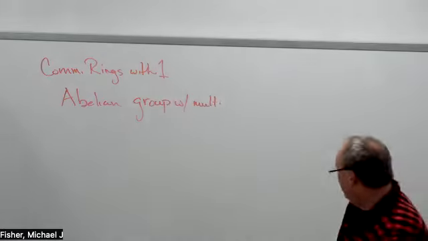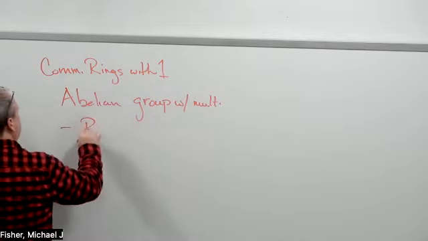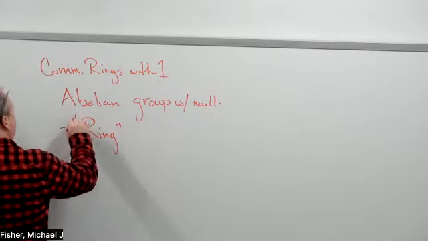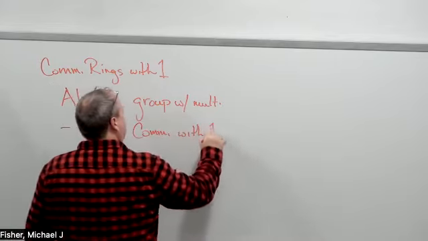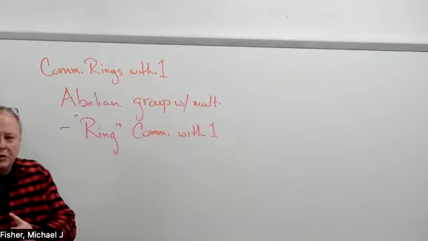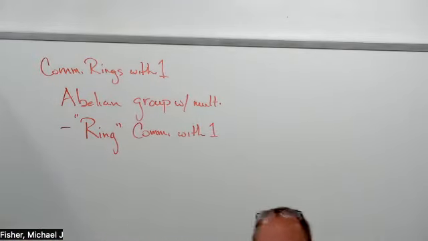So here are the ground rules. When I say the word ring, I mean commutative with one, and I'll usually mean no non-zero zero divisors, except at the end of the talk.